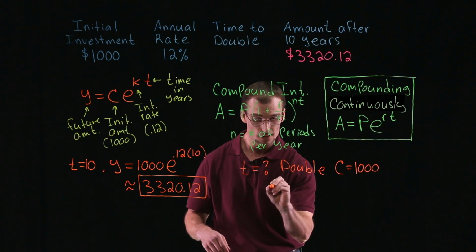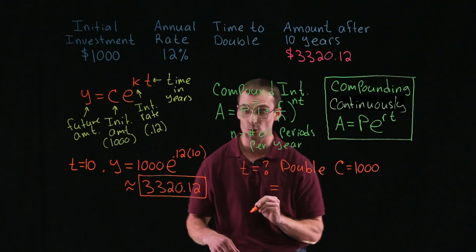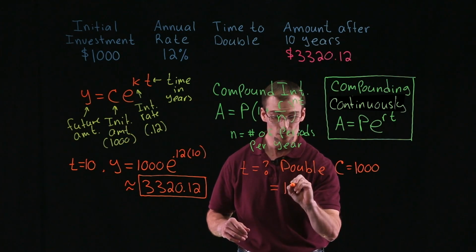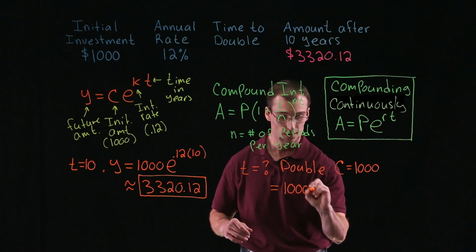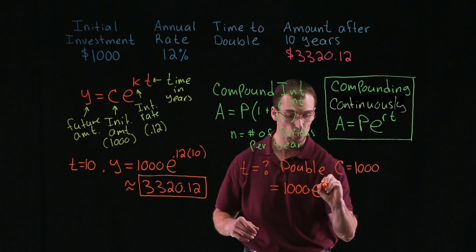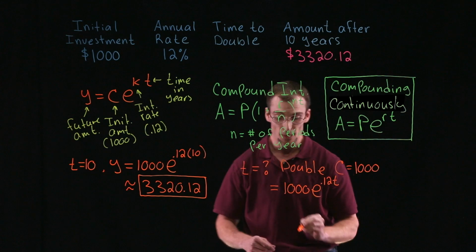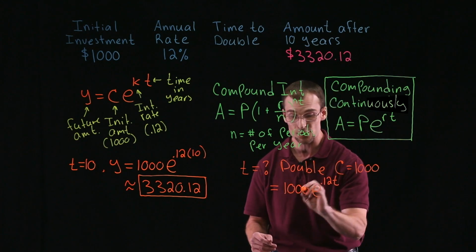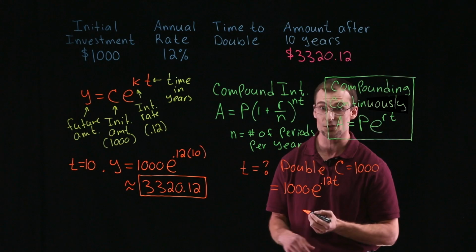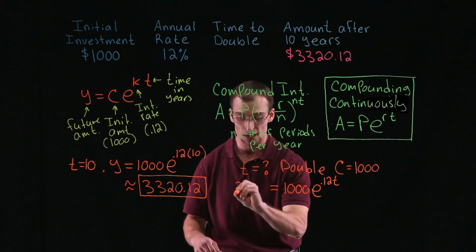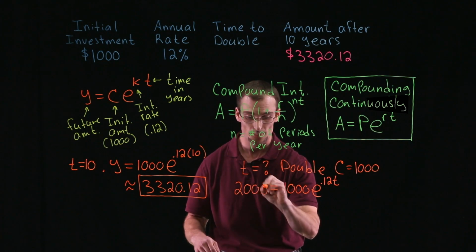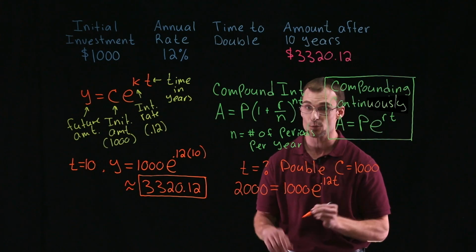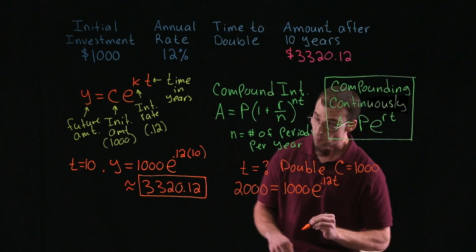So we fill in the right-hand side of our exponential growth equation, which is 1,000 times e to the 0.12t. What we're trying to do is find the value of t such that our initial amount is doubled. Well, what's double of 1,000? 2,000. So we're trying to solve the equation 2,000 equals 1,000 times e to the 0.12t.